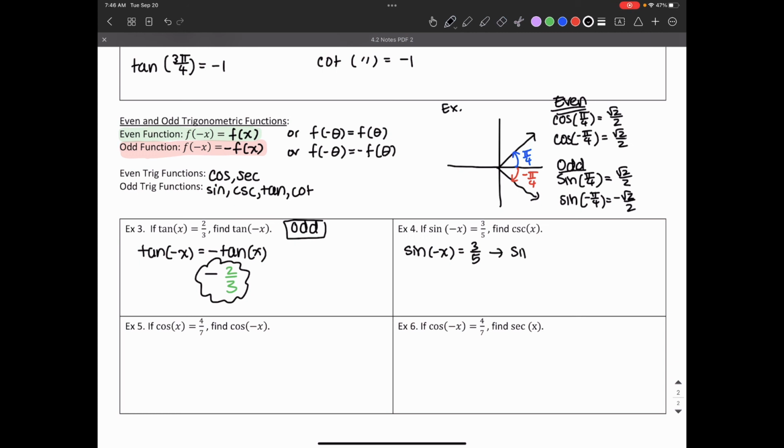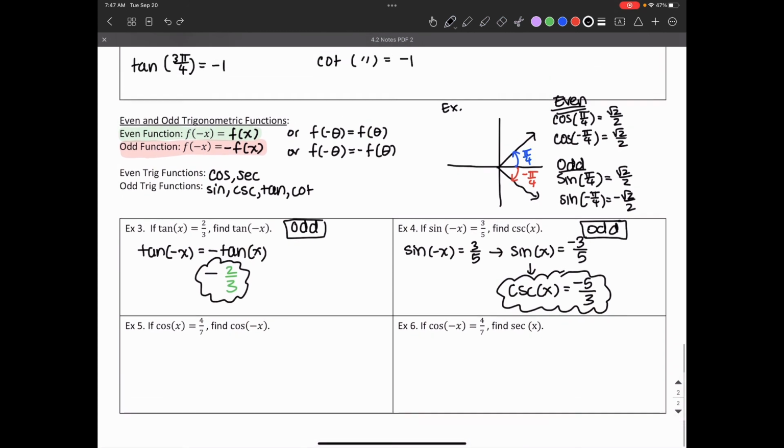Sine of x would be equal to the opposite of this, so it would actually be -3/5. And then cosecant of positive x would be -5/3, just the reciprocal of this. This is because sine is an odd function, so the negative version of the angle gives the opposite of the positive version. If the negative version was positive, then the positive version is negative.